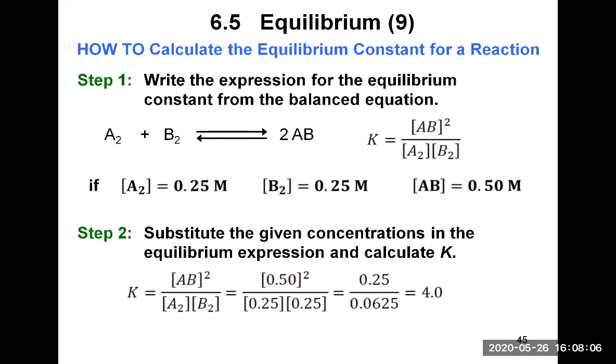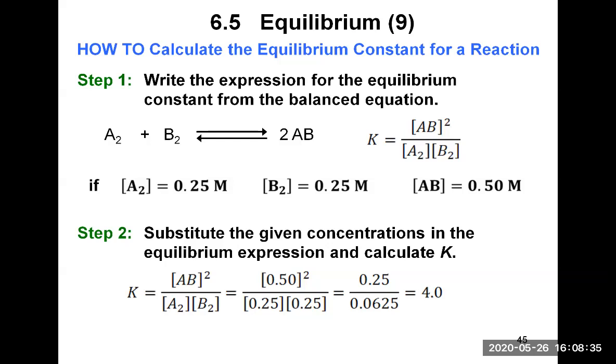If you take the square of 0.50, it's 0.25 in the numerator. If you multiply 0.25 together, it's 0.0625. And then 0.25 divided by 0.0625 is an exact value of 4 in your calculator, right?